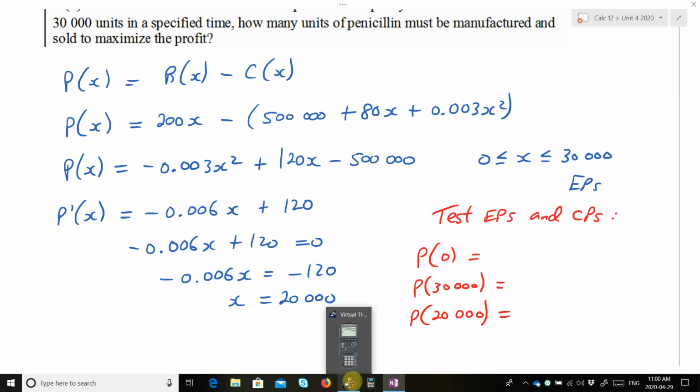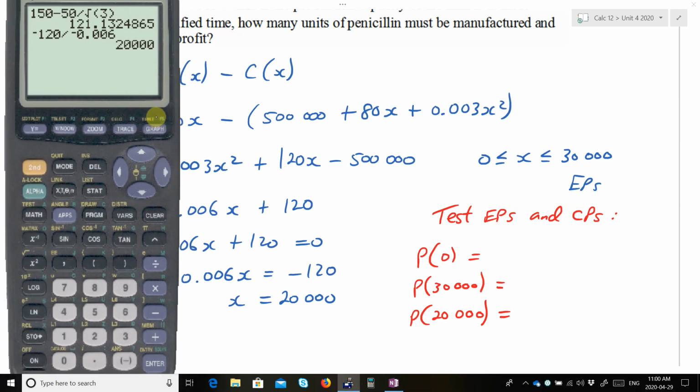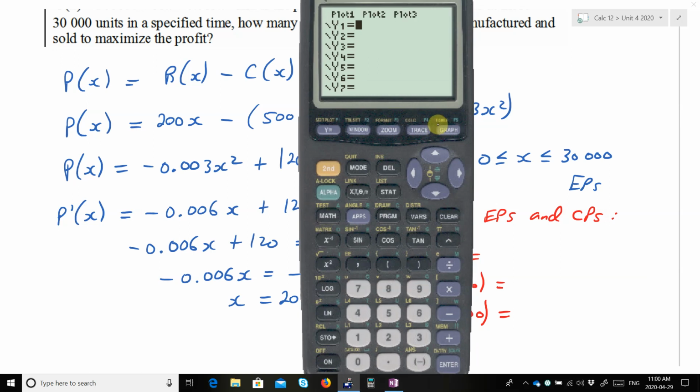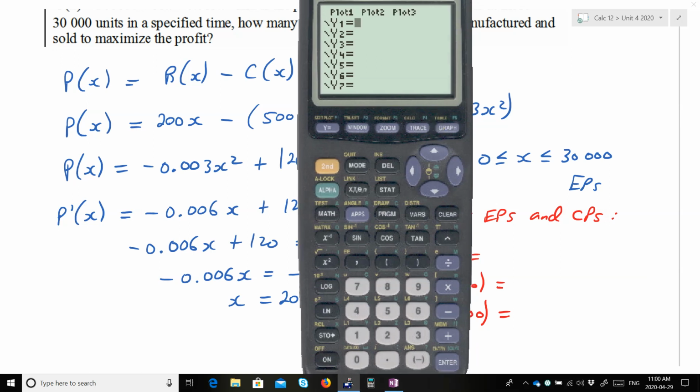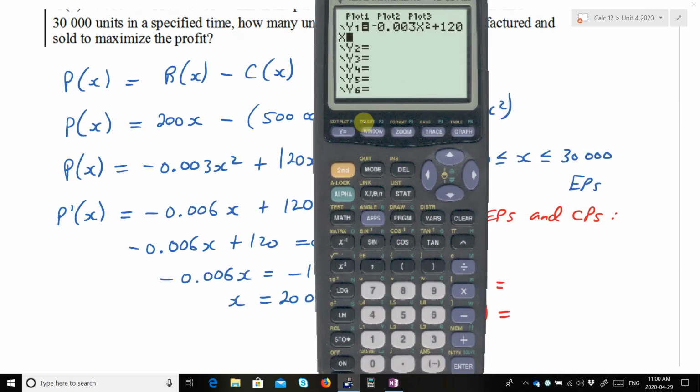Okay, so why don't we try graphing this? Profit is equal to negative 0.003 x squared plus 120x minus 500,000.